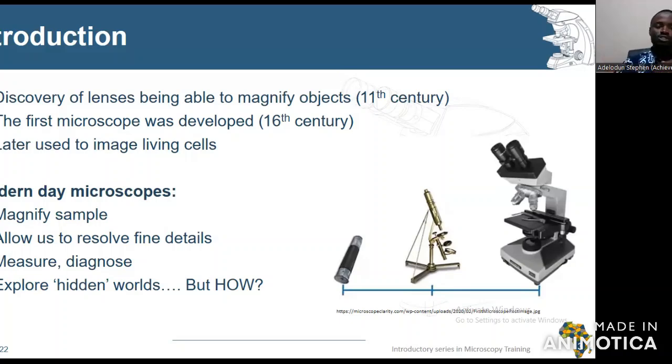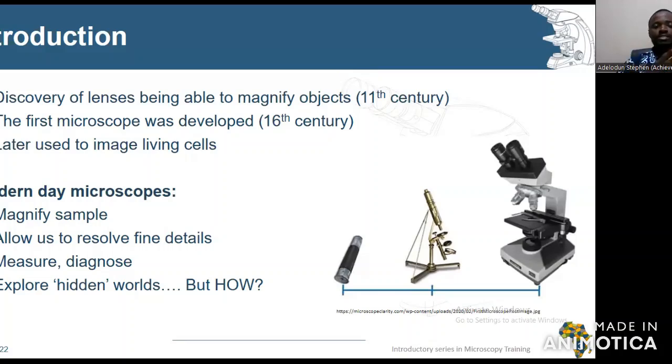Advancement in technology now brought what we have today as the modern microscope. The fundamental principle that guides the modern microscope is also what guided the first microscope that was invented.